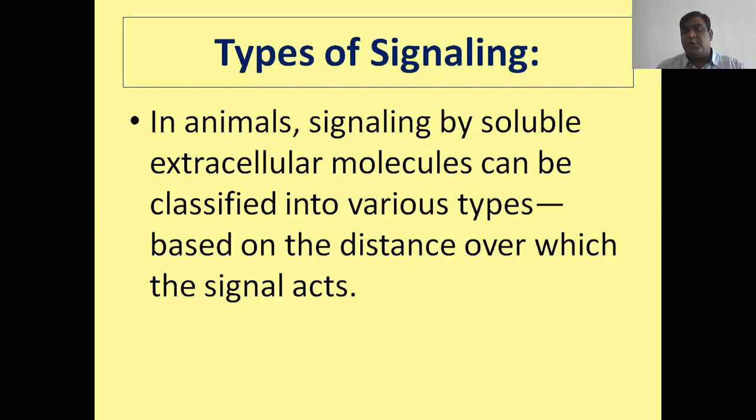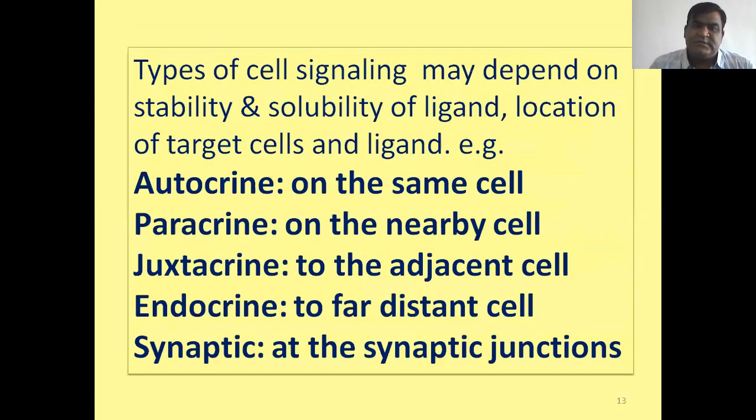So broadly, if we look into the types of signaling on the basis of the distance over which the signals travel, sometimes they do ask questions on these things, although it is a very basic thing. When the signaling cascade is on the same cell which is releasing a particular signaling molecule, and the same cell is receiving the ligand because it bears the receptor as well, it is called autocrine. An analogy can be taken as self-talk.